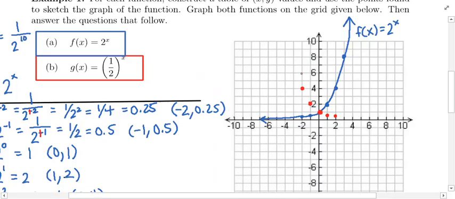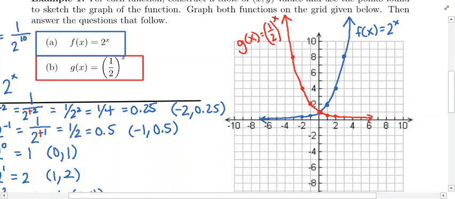Okay, so you can see that this graph has basically the same sort of shape. Okay, but now if we connect the dots from left to right, as we go to the right, we're getting closer and closer to the x-axis, but never touching it or crossing it. Okay, and then as we go to the left, that's where we're getting higher and higher and higher. Okay, so the red graph is g of x is equal to 1/2 raised to the x power.